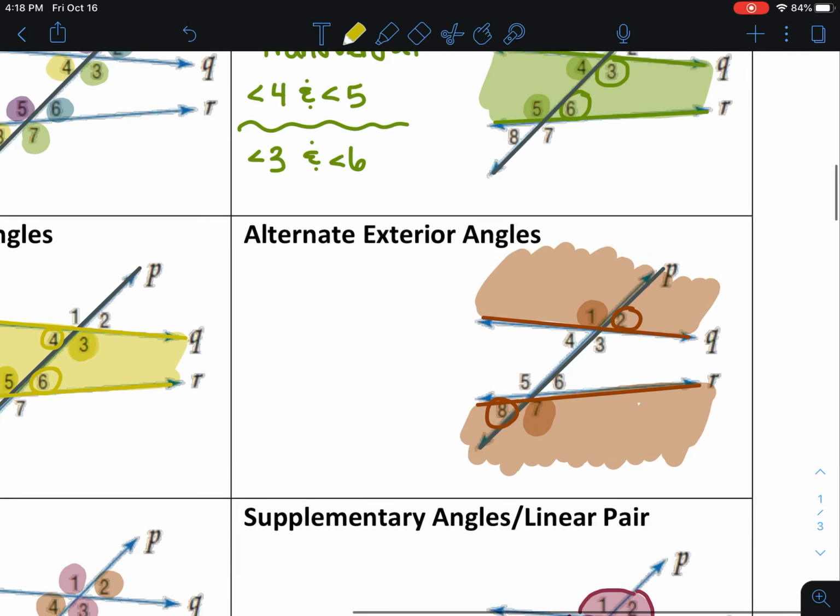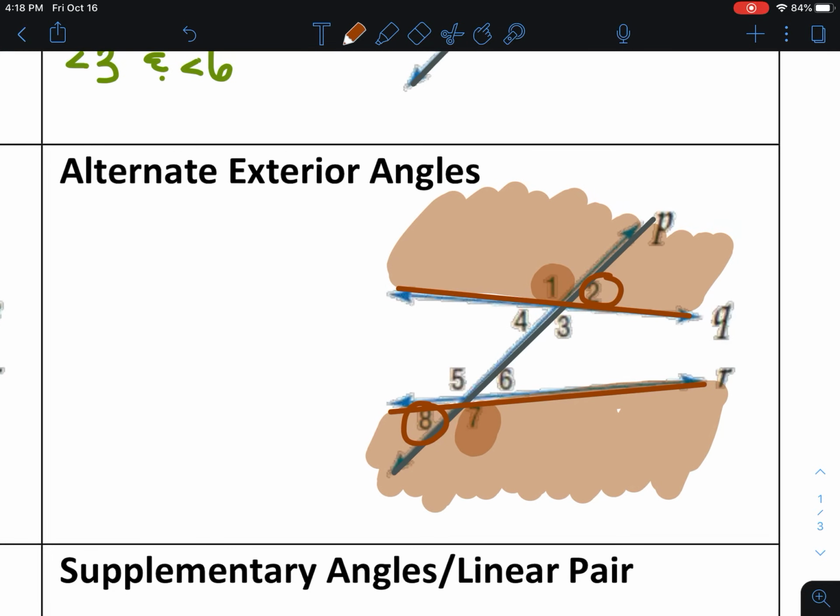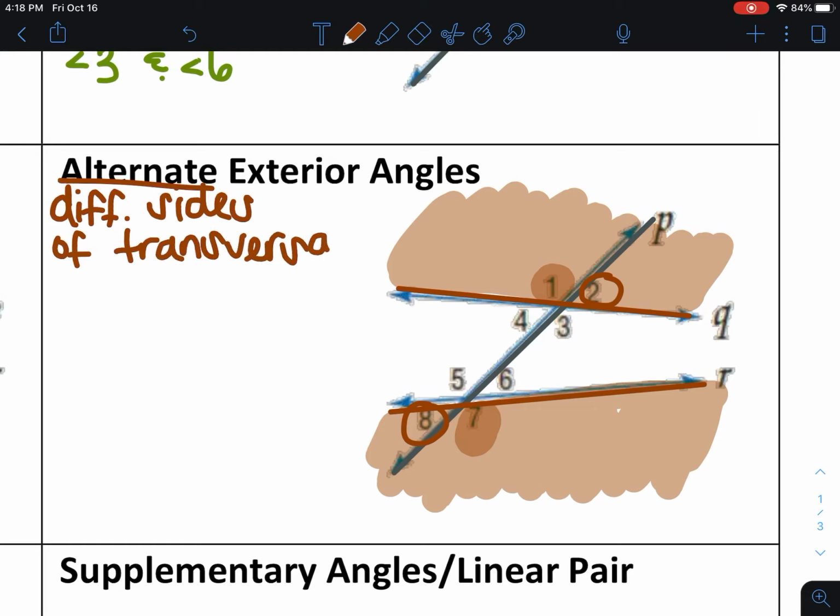All right, now we want alternate exterior angles. So it's pretty much the same concept. We want different sides of the transversal. And it says exterior, which means outside. Don't forget that means outside. So angle 2 and angle 8.